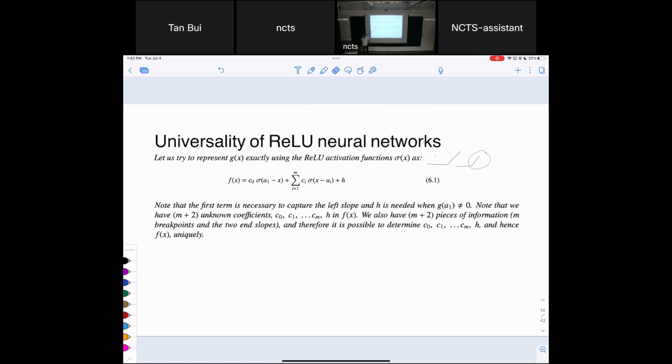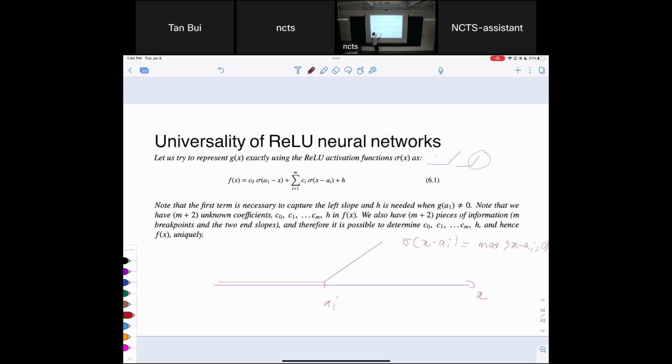Notice that each of them looks like this: x here, a_i here, and this is our ReLU function, sigma(x minus a_i), denoting the maximum of x minus a_i and 0.